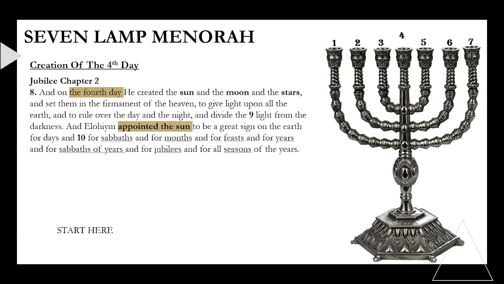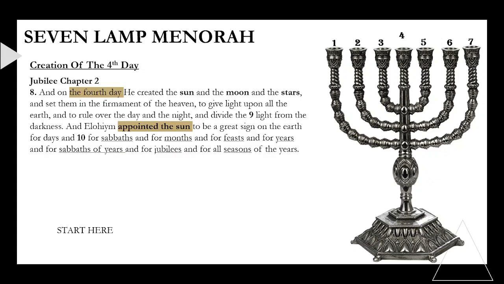And Elohim appointed the sun, not the moon, but the sun, to be a great sign on earth for days, and for Sabbaths, and for months, and for feasts, and for years, and for Sabbaths of years, and for jubilees, and for all seasons of the years.